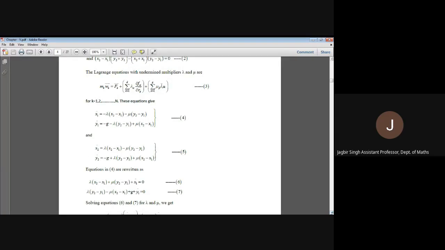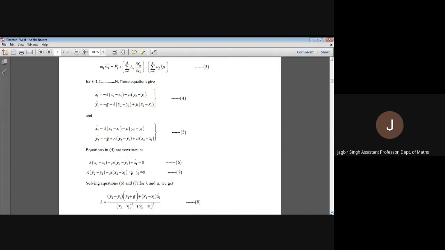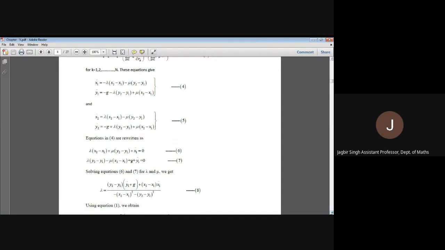Okay, now arranging all the terms on the left hand side of 4 and 5, we will have equations 6 and 7. These are two equations and we are having lambda and mu. We can obtain the values of lambda and mu. So from equations 6 and 7, to obtain the value of lambda, just multiply equation number 6 with x2 minus x1 and 7 with y2 minus y1.